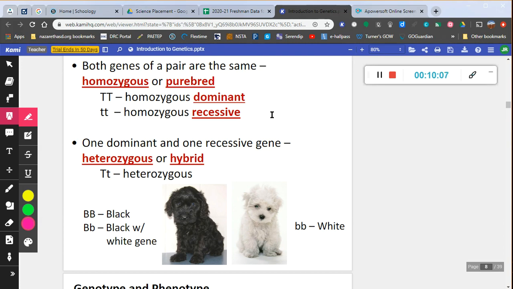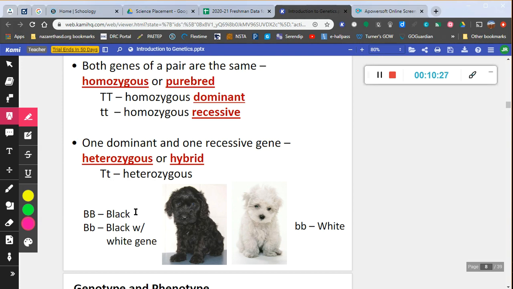If you've inherited one dominant and one recessive gene for a trait, then you are heterozygous, hetero for a mix. Another term that expresses heterozygous is hybrid. And you can see here, capital T, lowercase t, having one of each, one dominant, one recessive allele, this is heterozygous.